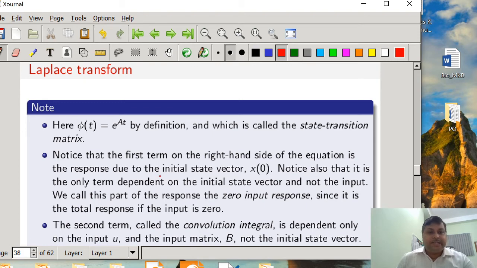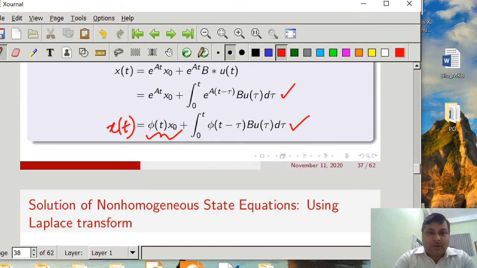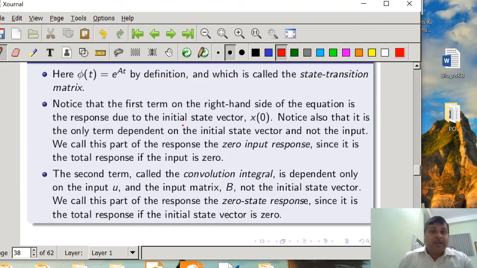Notice also that it is the only term dependent on the initial state vector, because the next term is only dependent on the input. We know that the variables for which the initial conditions are required to be known are known as state variables. So the response is called the zero input response, since it is the total response if the input is 0.